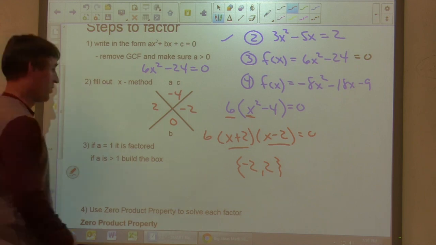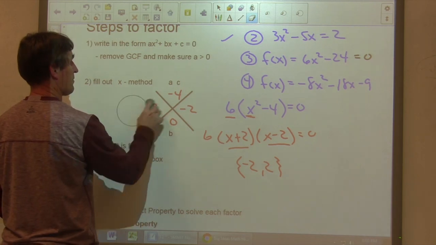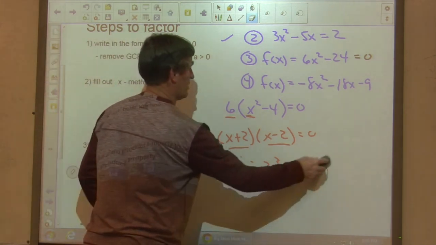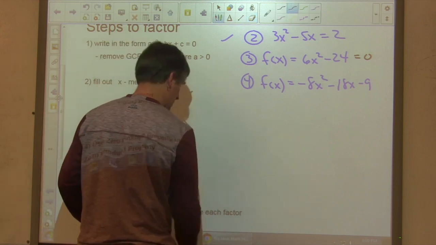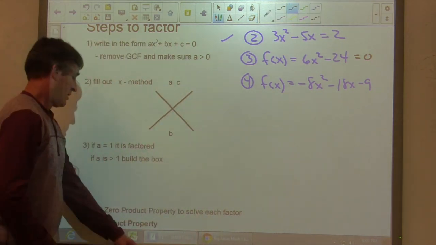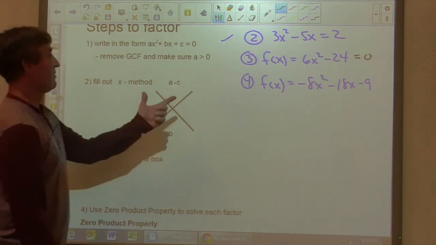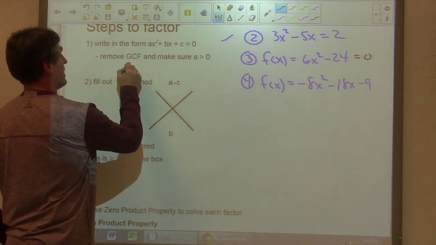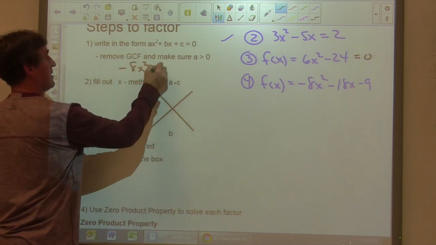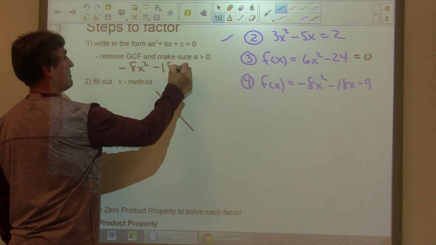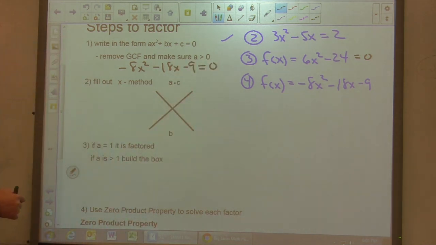So last one to go over, example number 4. So, again, negative 8x squared minus 18x minus 9, and we just set it equal to 0 if it's in function form.